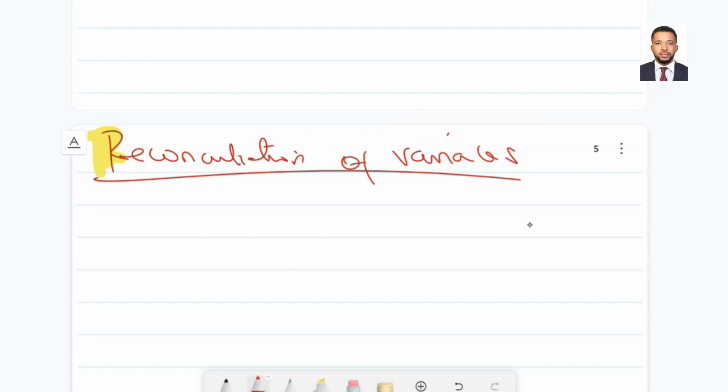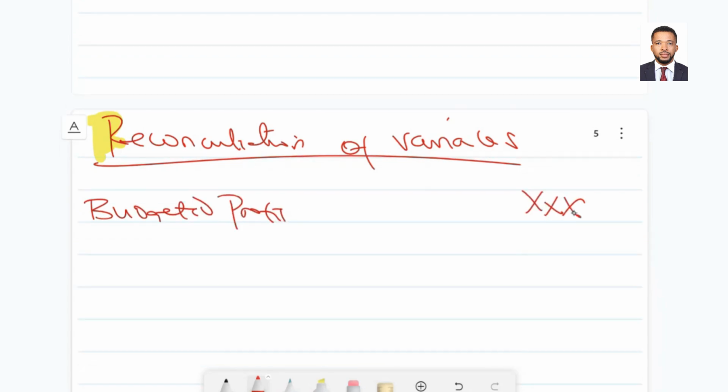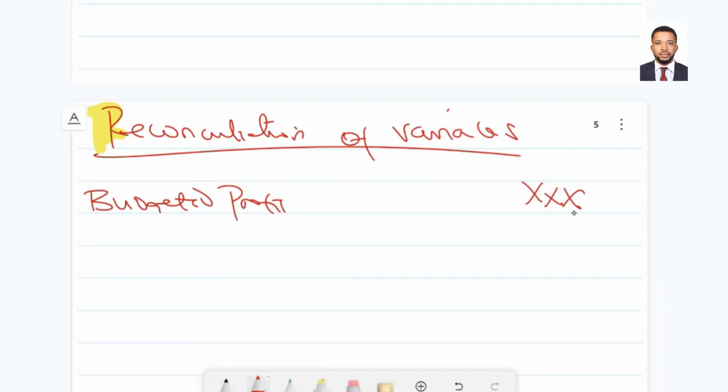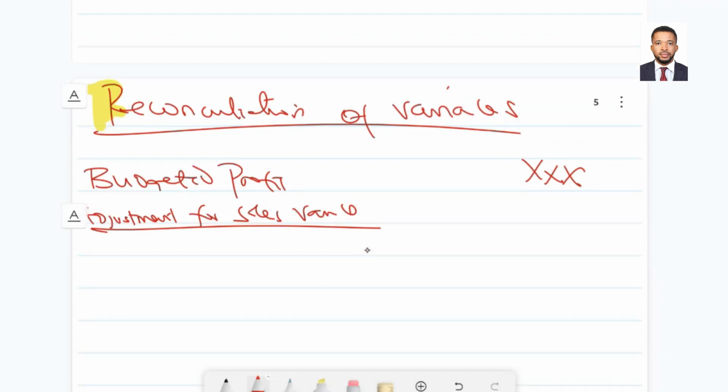So I have budgeted profit. Then I have adjustment for sales variance: sales price variance and sales volume variance.